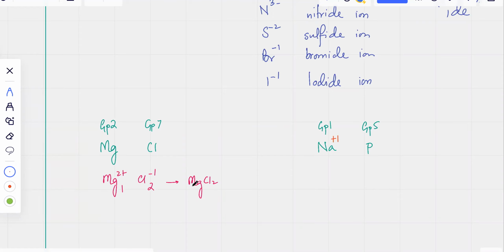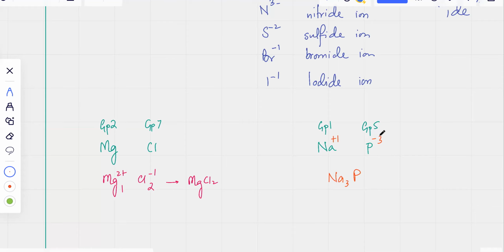Na would be plus 1. P is going to be minus 3, right? Because it's in group 5. So Na would become 3. ठीक है, leave the charges wherever they are. I'm not interested in the minus and the plus, just the numbers. Bring the 3 over here, and P would become 1. You just don't write 1. So it's going to be Na3P.